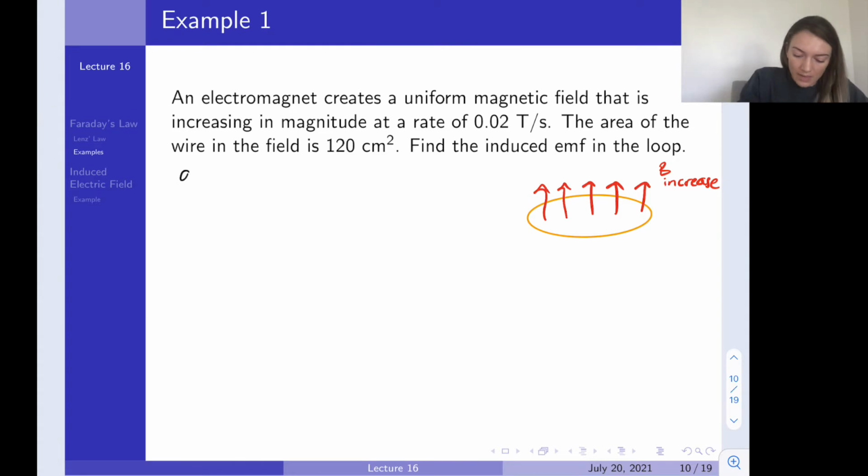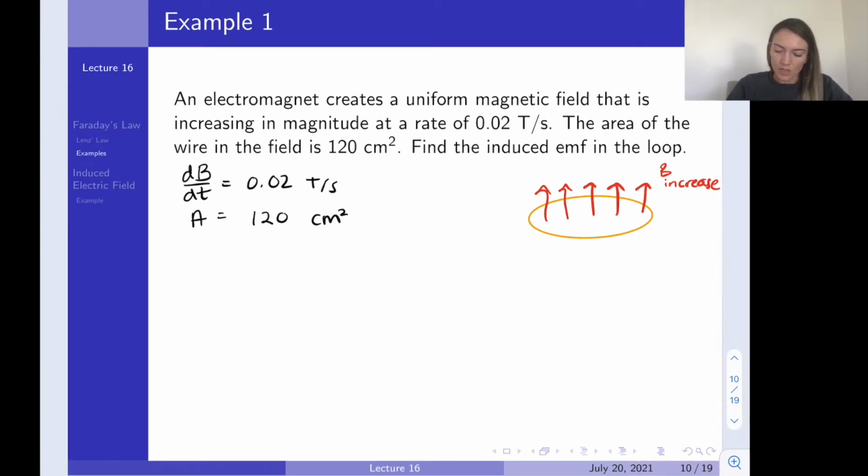So let's write dB/dt is 0.02 Tesla per second, because they said the magnetic field is increasing at this rate. So that means the time derivative of our magnetic field is 0.02 Tesla per second. The area of the wire is 120 centimeters squared. So now we want to find the induced EMF in the loop.